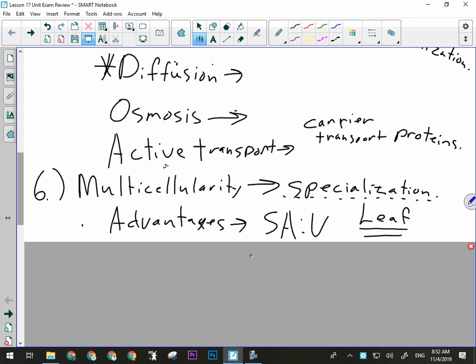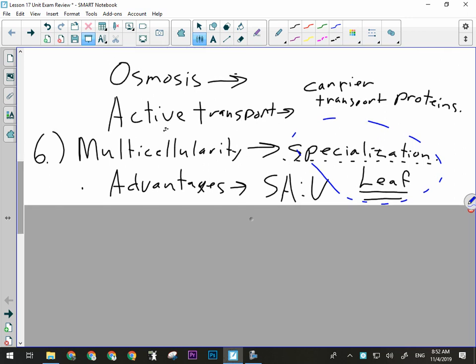Okay, that structure helps them to do a specific job. They still all carry out the basic functions of the organism, but they also do something better than the other cells do. Right? So important to talk about those, okay? And definitely talk about the layers of the leaf. The question may even be about them. If it's not, then talk about the layers of the leaf anyway, because that's the best example you have.